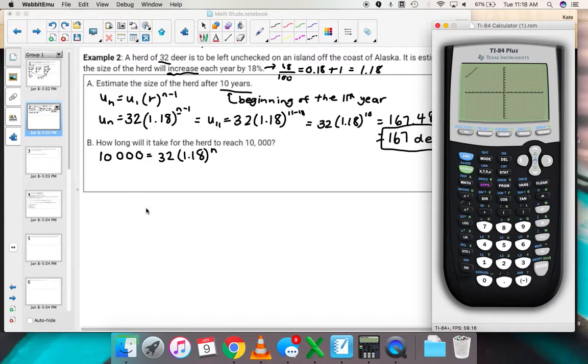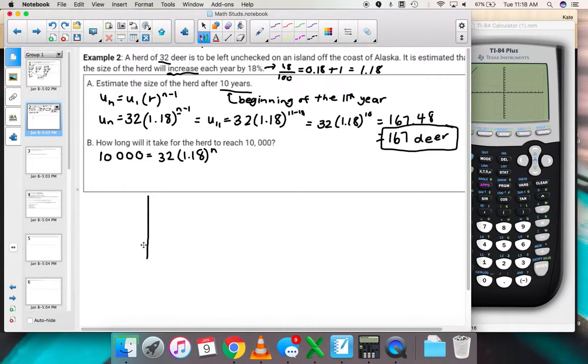And what's important to remember here in this particular problem is when we're looking at our x and y axis. So here's x max, here's x min, here's y max, here's y min. Our y max here, if we're talking about y as our population, has got to be a little bit bigger than 10,000.